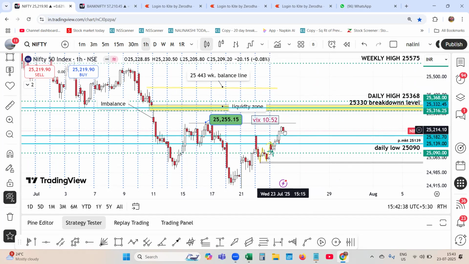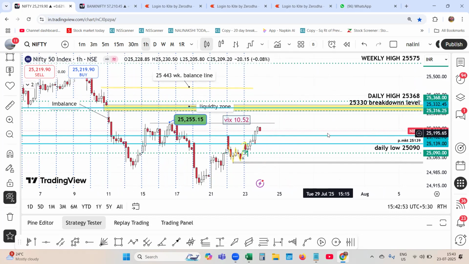And now at present, the market has closed around 25,219, just at a distance of 120 points, only 120 points.